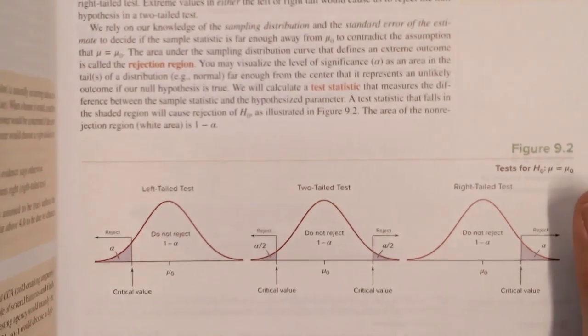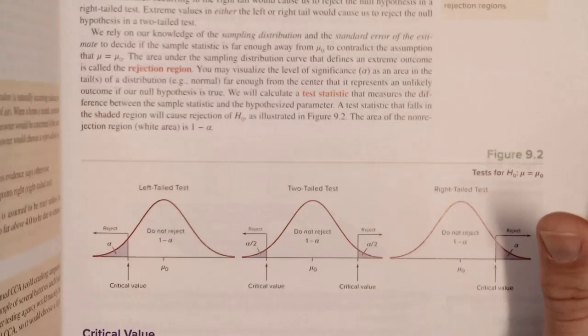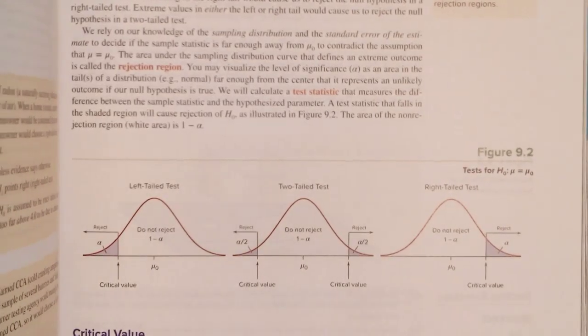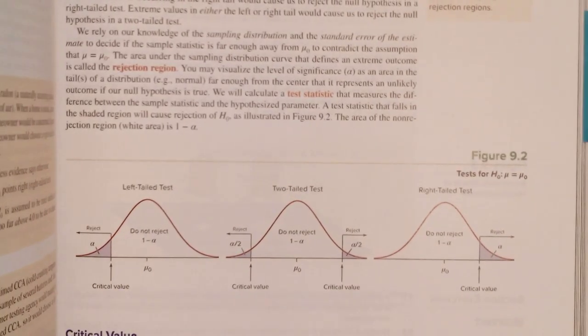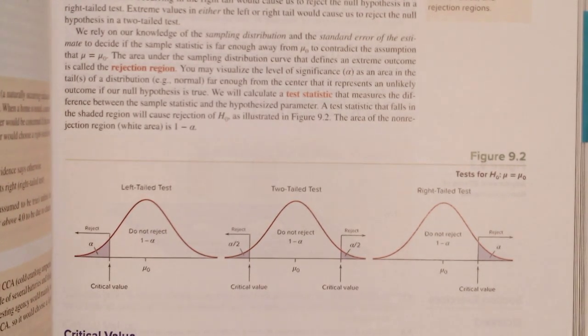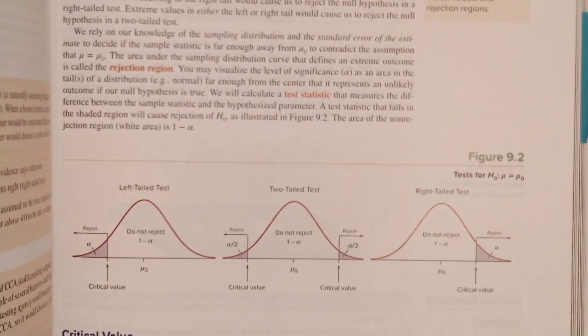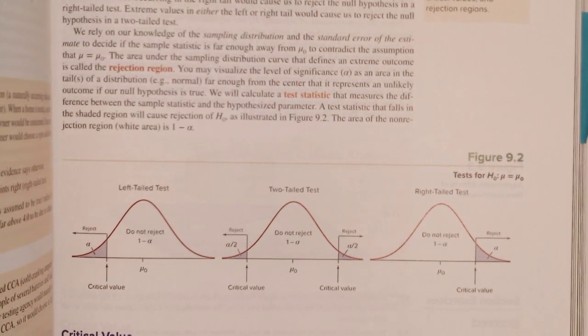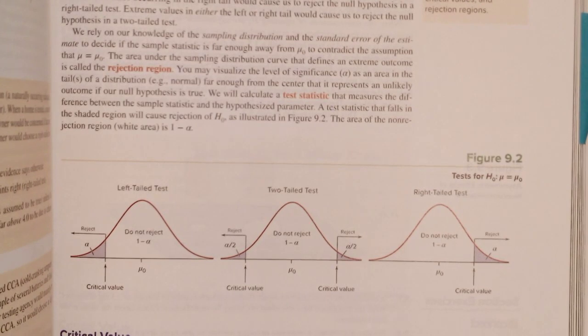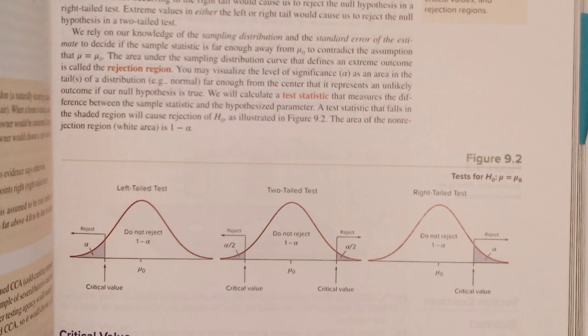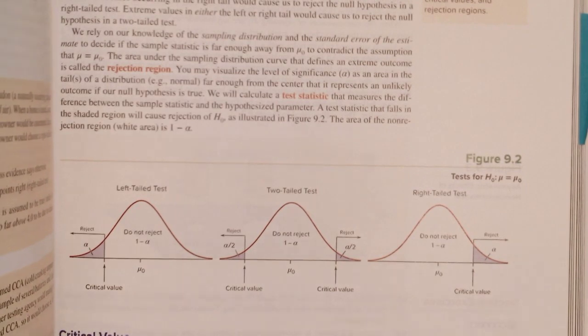Now, there's something really important in these pictures. Please notice how they're all labeled. The white unshaded area in each picture has a value written in it. The value written in it is 1 minus alpha. What was alpha again? What did we call alpha? That was the chance of a type 1 error.